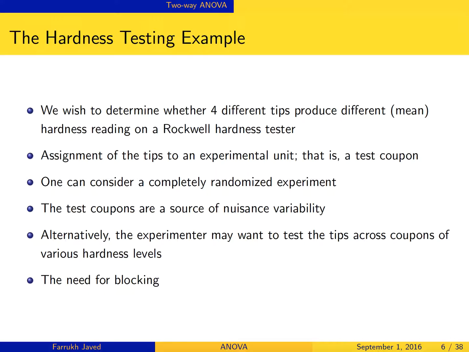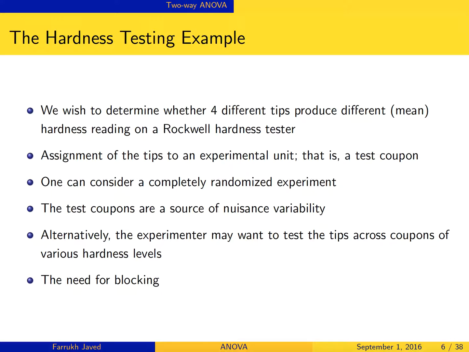One can consider a completely randomized experiment like the previous one we discussed in the previous part of this video, like in 5A, when we were dealing with one-way ANOVA. But the test coupons are a source of nuisance variability. They can have variation as well. Alternatively, the experimenter may want to test the tips across coupons of various hardness levels, and there we need blocking.